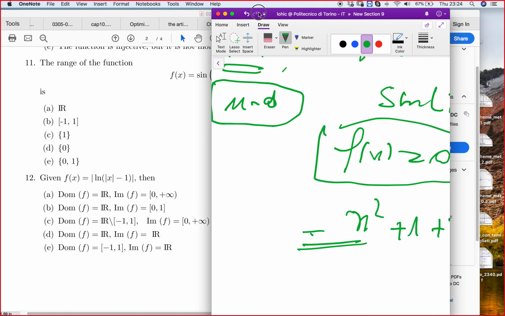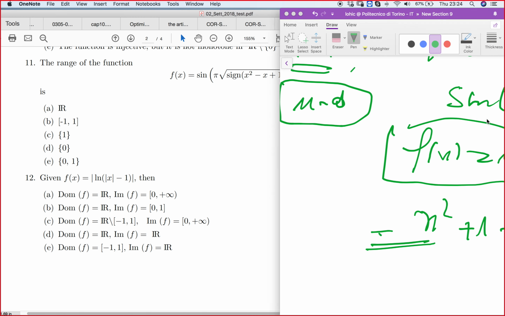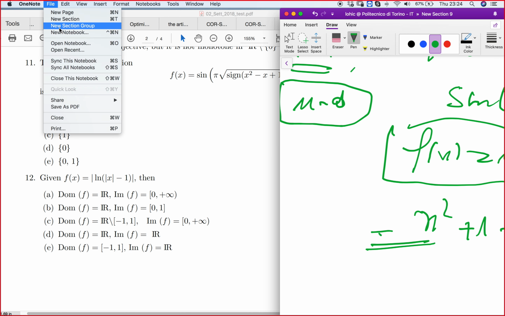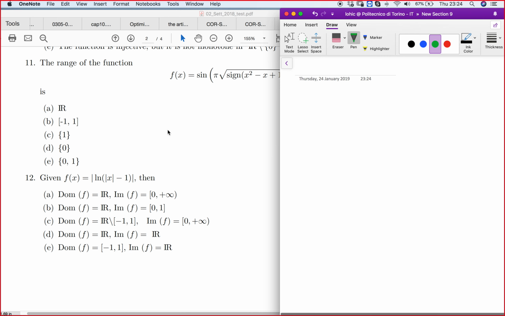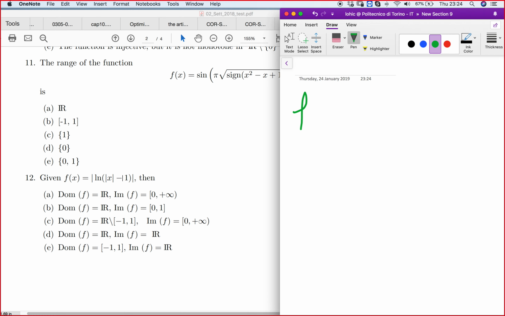Okay, let's start. Let me get a new page. So you are given the function f of x equal to the absolute value of the logarithm of absolute value of x plus 1.